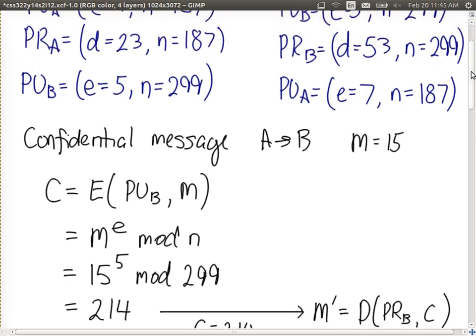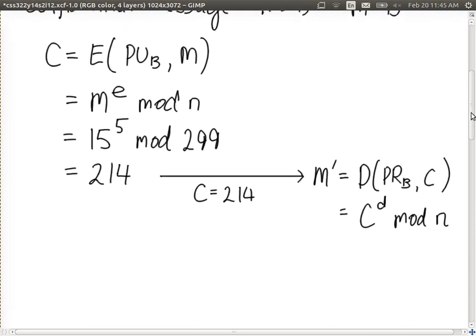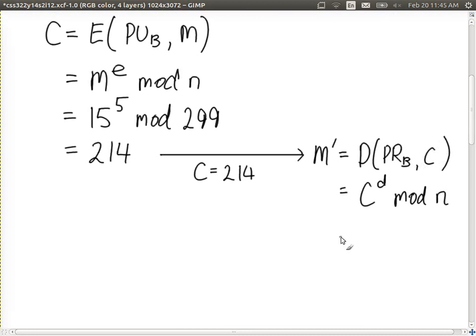What is n? N is 299. So again, we're using the private key of B. D is 53. N is 299. So we use those values. And C is our ciphertext. 214 to the power of d.